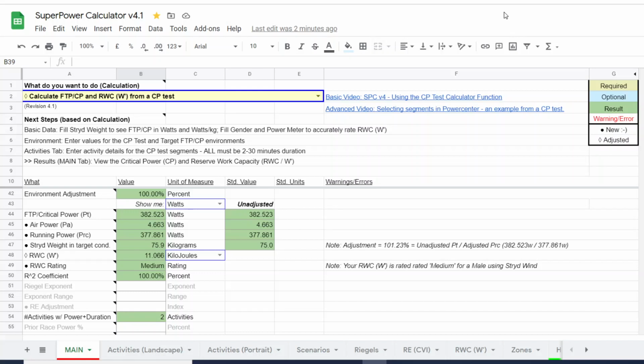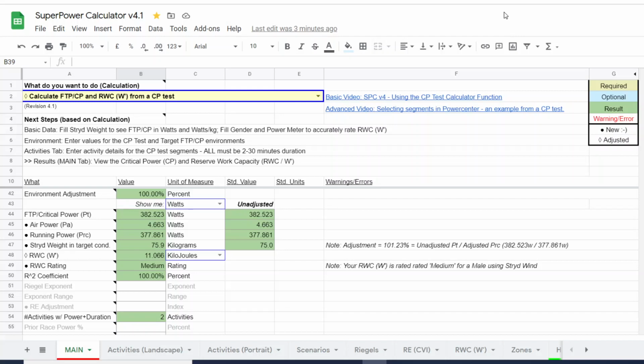So if you're carrying out training, you want your power targets to be relative to something that is valid. And so there's two ways of doing it.